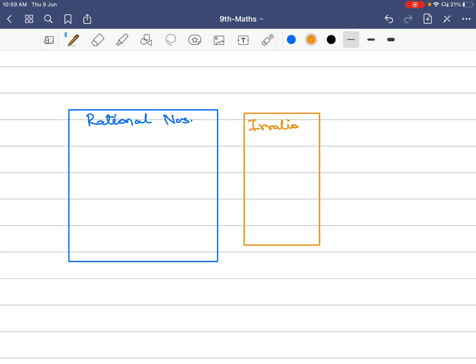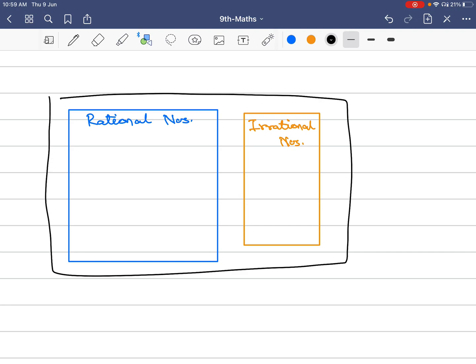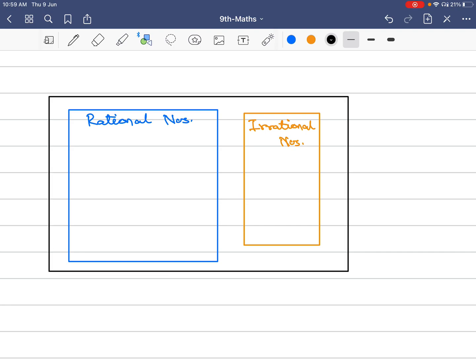So this is my box of irrational numbers, and together these two make my real numbers. So together they form a bigger set called real numbers.